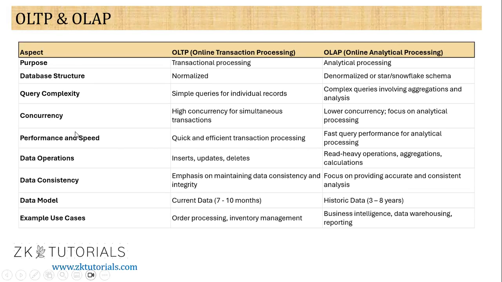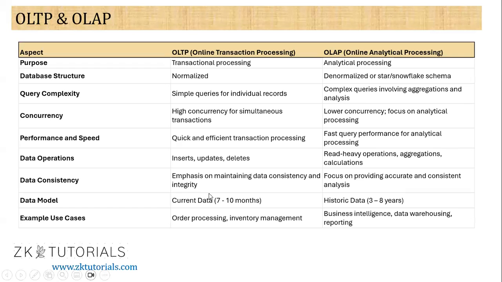The concurrency is high for simultaneous transactions in OLTP, and lower in OLAP, which focuses only on analytical processing. OLTP is quick and efficient for transaction processing, and OLAP is for query performance in analytical processing. For data operations, OLTP works on inserts, updates, and deletes. OLAP basically works on read-heavy operations, aggregations, and calculations.